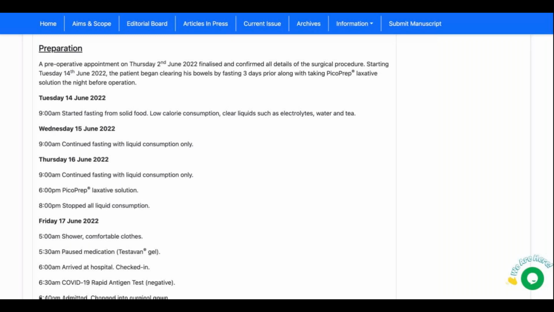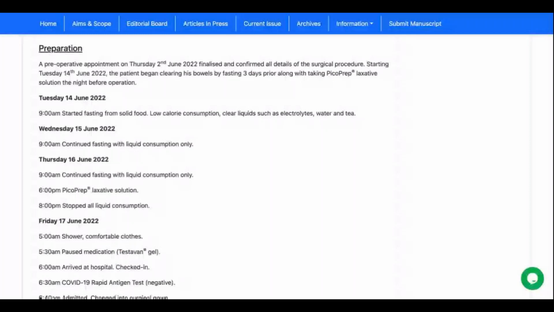So I know normally you guys make the patient take some sort of laxative solution the night before the operation, but from the experience of the patient, it seems that the laxative solution wasn't that good. I actually recommend you tell the patient to fast. I think fasting is great.